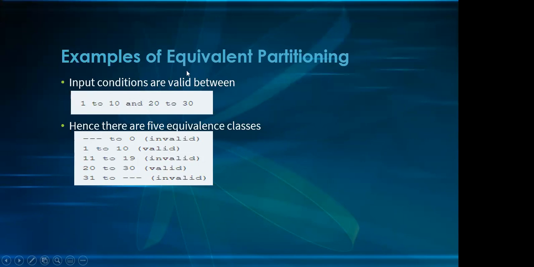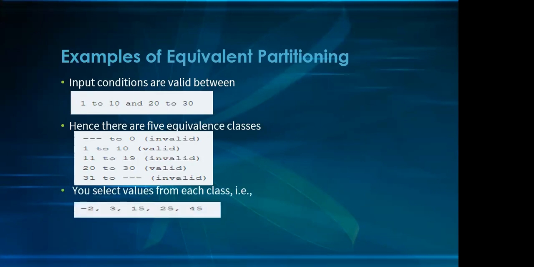Now we'll take the next one, 20 to 30. 20 to 25, 20 to 29 is a valid case. Then from 31, in fact, from 30.5, 30.01 is invalid. So the values that you select that are invalid are -2, 3, 15, 25.